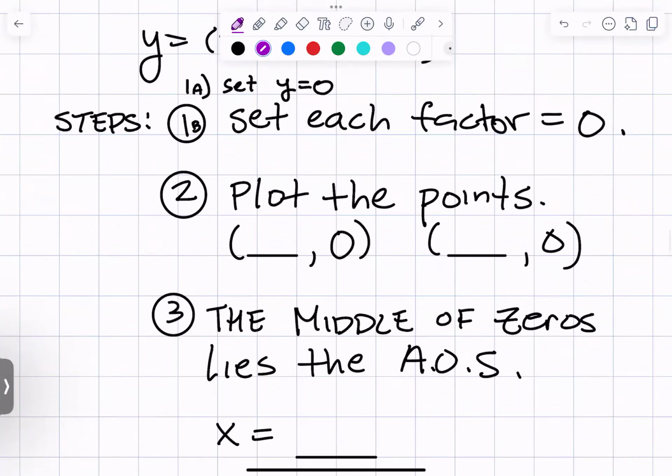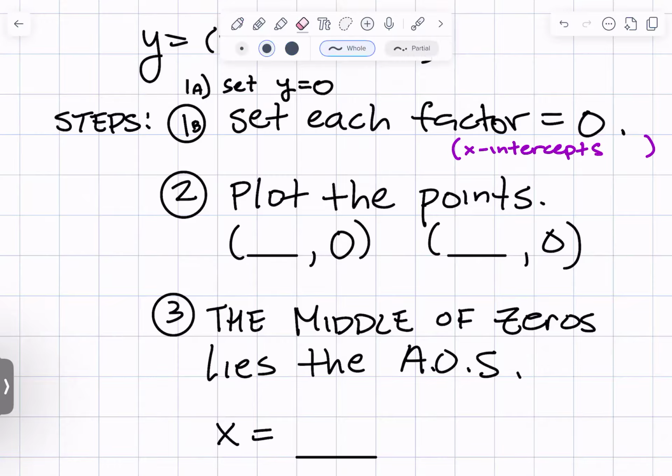If we set y equal to 0, then we're going to set each factor to 0. That is getting my x-intercepts. Right? Doing that gets my x-intercepts. And then from there, we're going to plot the points. Okay? So I'm just going to put x-intercept, comma 0, x-intercept, comma 0.